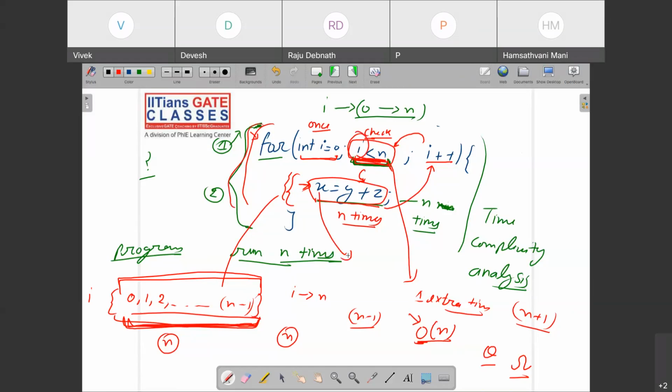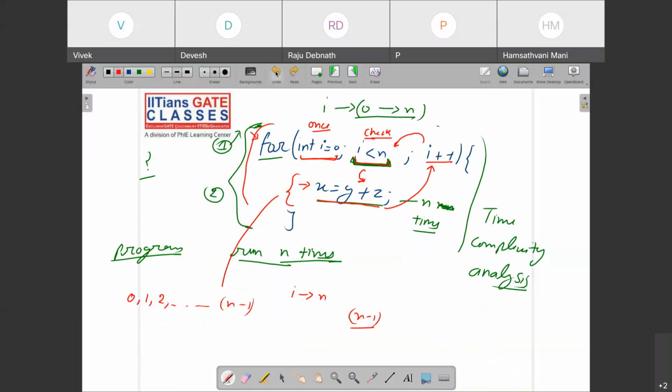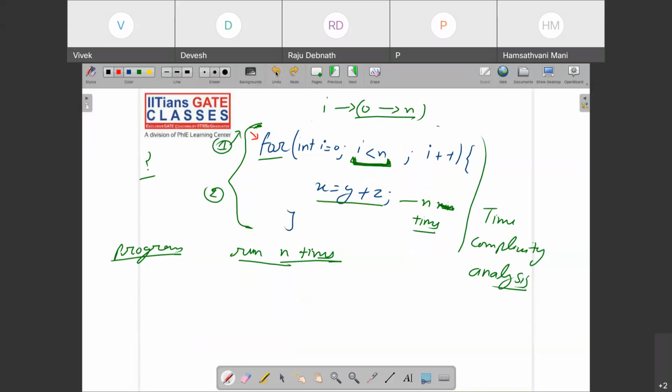So Bhumika, what we did here is, let me try to go back as much as I can. We have written a very simple for loop, and we did an analysis of how this for loop is getting executed.